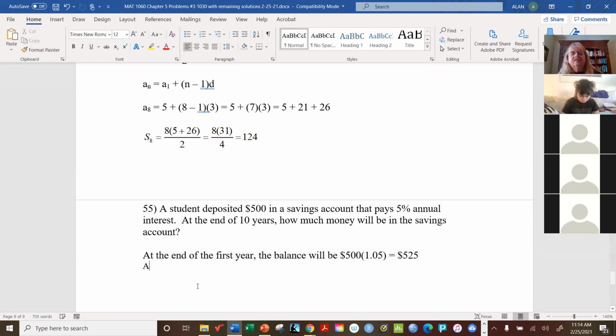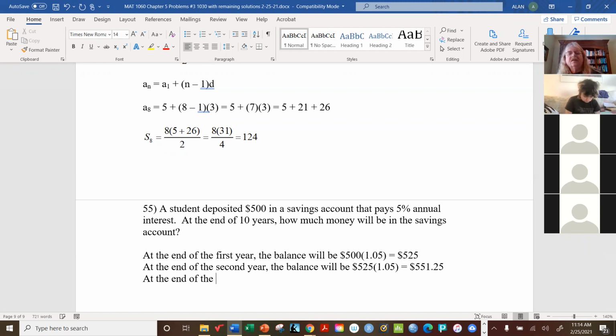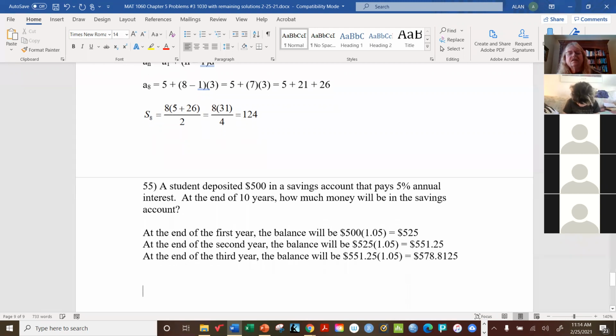The second year, the balance will be 525 times 1.05, which is 551.25. And then we'll do one more at the end of the third year. The balance will be 551.25 times 1.05, which is 578.8125.